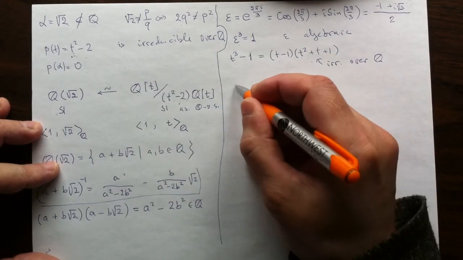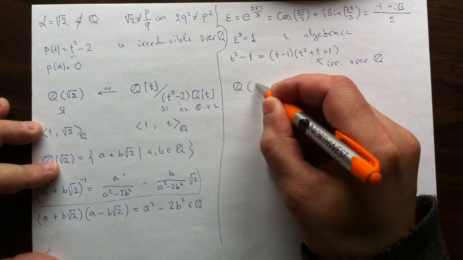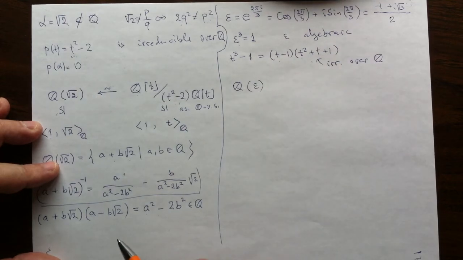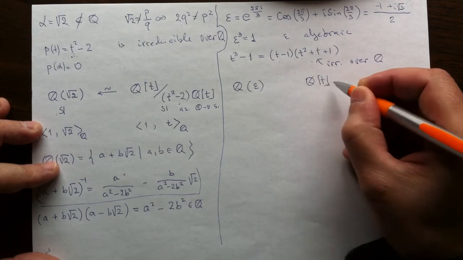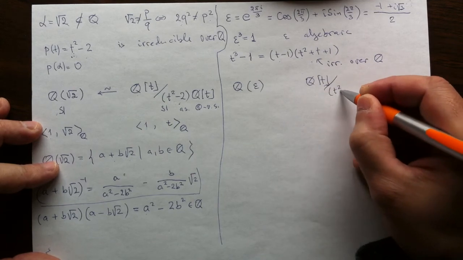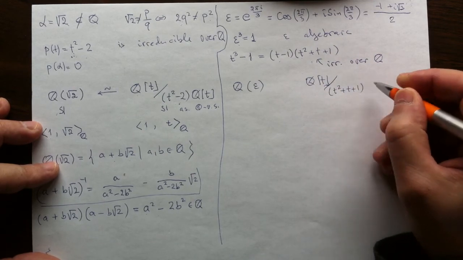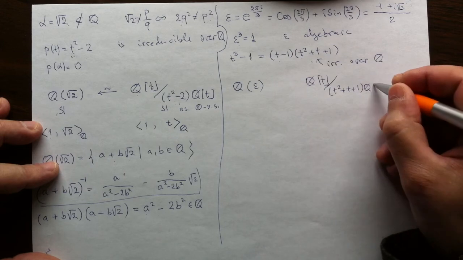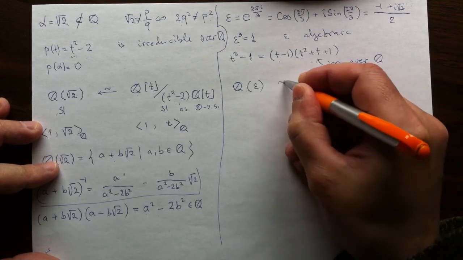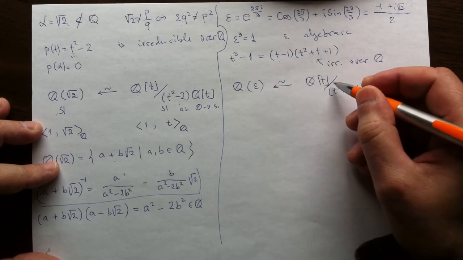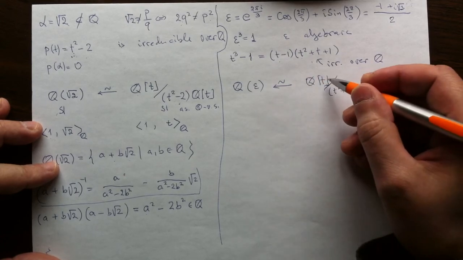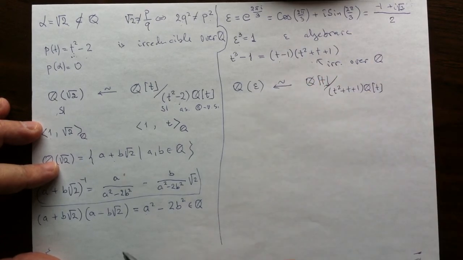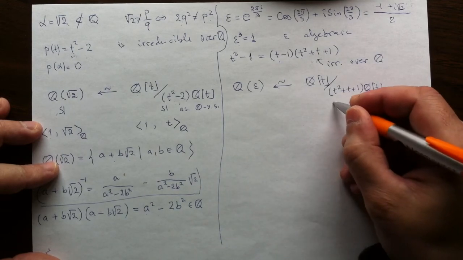And as before, we can construct an isomorphism of the field generated by epsilon and the quotient of the polynomial ring by the ideal generated by this irreducible polynomial. So the same type of homomorphism, evaluation on epsilon, now will give us this identification as fields.